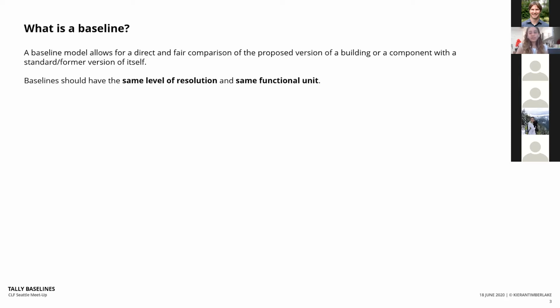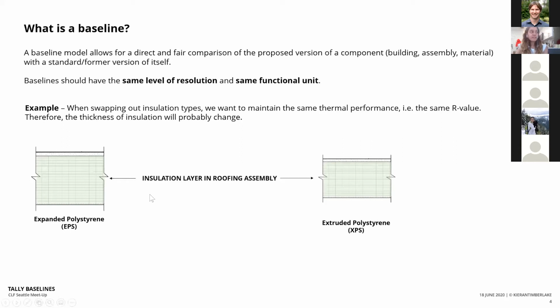What this means from a building perspective is that the two buildings should have the same square footage, the same energy performance, same program and occupancy, and basically all parameters other than the one we're measuring should be held constant. A very simple example of this is insulation types.